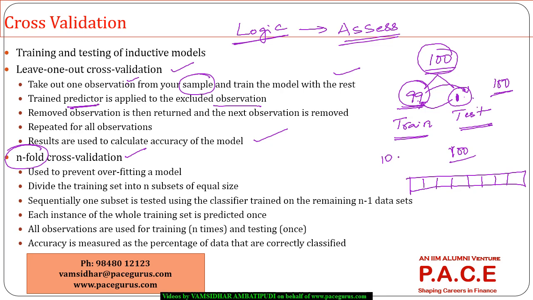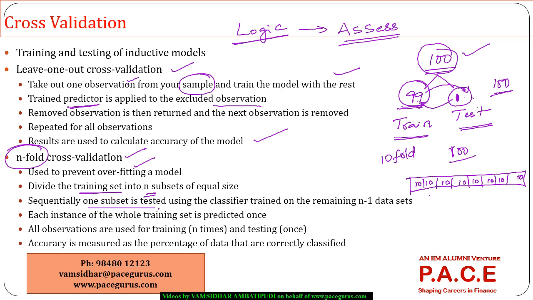Let's say 10-fold, so each group will have 10 elements. The whole 100 is broken down into groups of 10 each. These are typically used to prevent overfitting of the model. I divide the training set into n subsets of equal size.